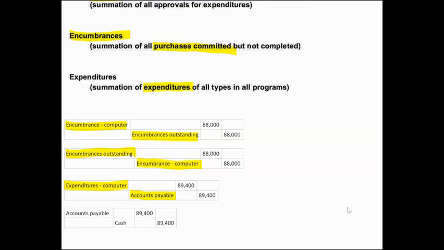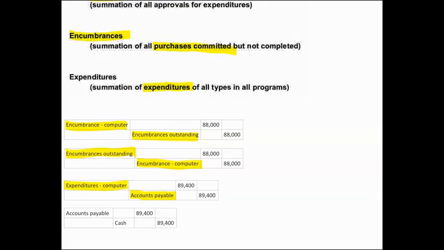The fund statement only focuses on the accounts that are going to impact their current resources, or current assets and current liabilities. Long-term assets and long-term liabilities are not going to show up in their balance sheet. Instead, they are going to be recorded as expenditures.